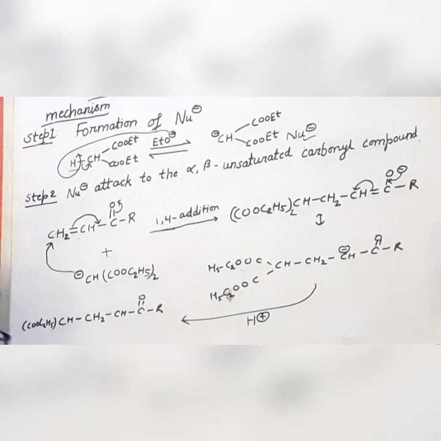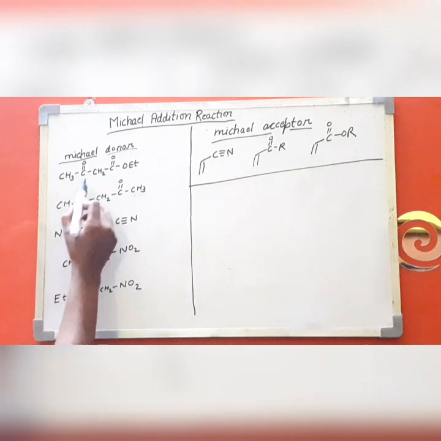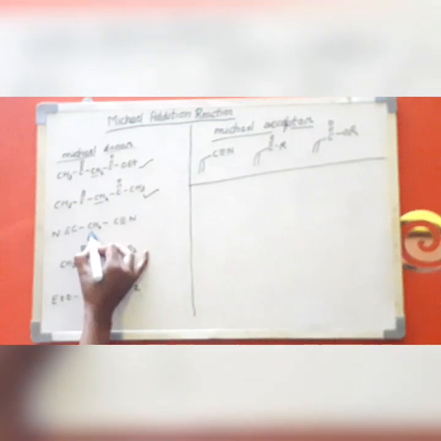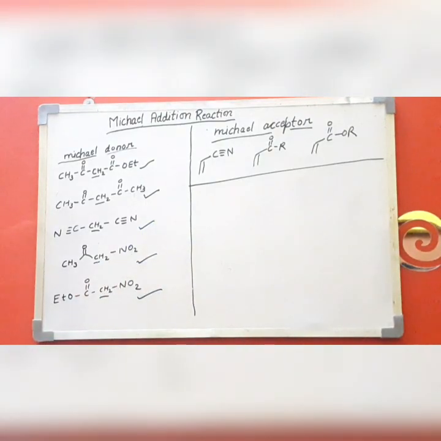So let me give you examples of the Michael donor and the Michael acceptor. These are the examples of the Michael donor and Michael acceptor. The criteria for the Michael donor is present in this case, in this case, here also, and in this case also.